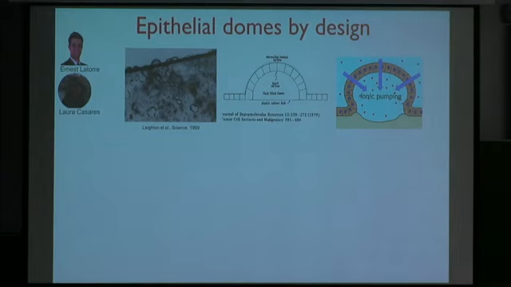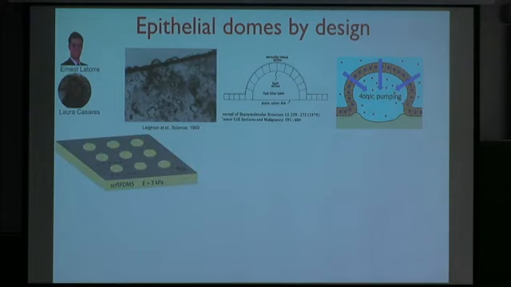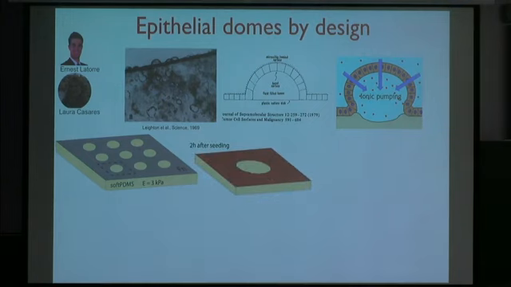Okay. So to understand this more quantitatively and in a much more controlled way, what Ernest and Laura did was to have a soft substrate on top of which they would pattern this fibronectin adhesive protein that cells need to adhere to this substrate. And then they will seed epithelial cells on top of this substrate.